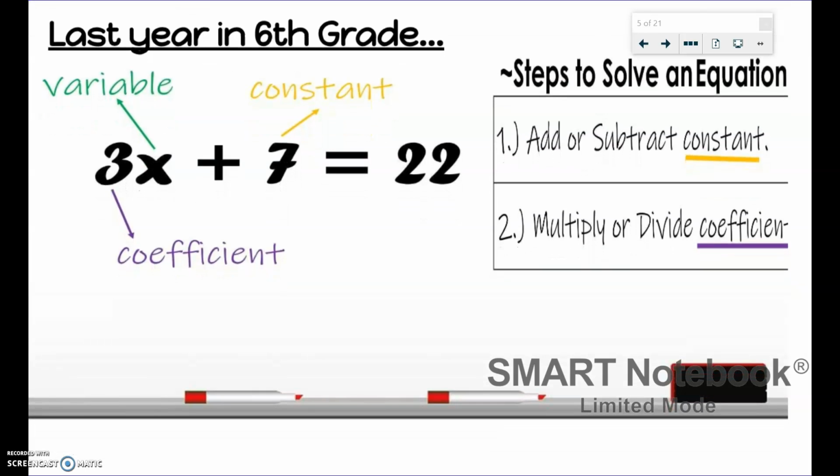You would have an equation 3x plus 7 is equal to 22. So 3 was your coefficient, x is your variable, 7 is your constant. So, your steps would be to add or subtract your constant first, and then multiply or divide your coefficient. Because remember, to solve an equation, you are doing the opposite operation.